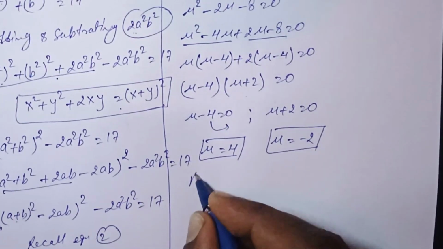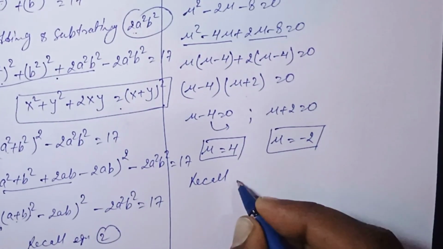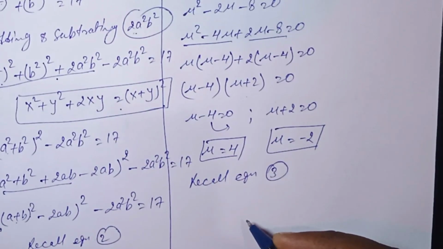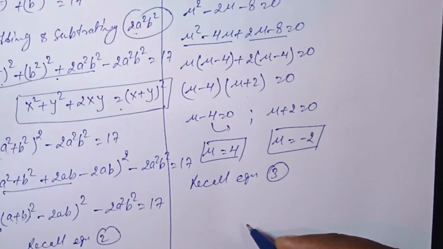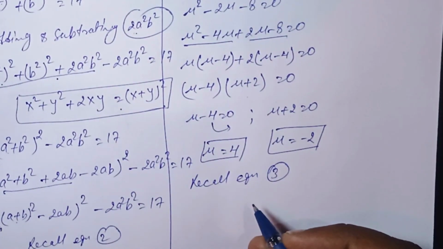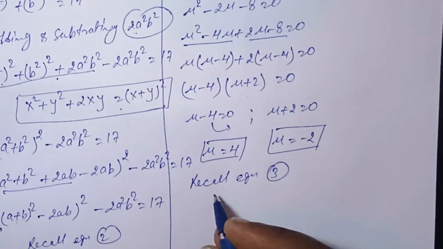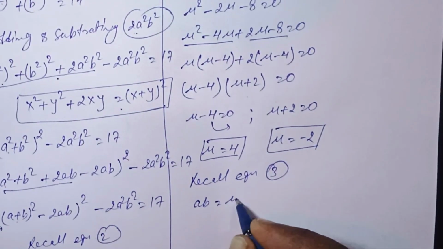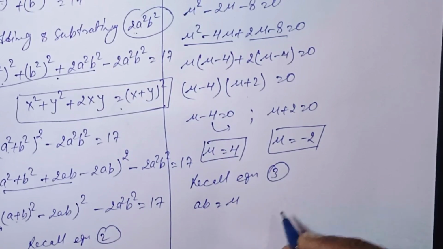Therefore, recall equation number 3. We know that equation number 3 is telling that ab is equal to u.